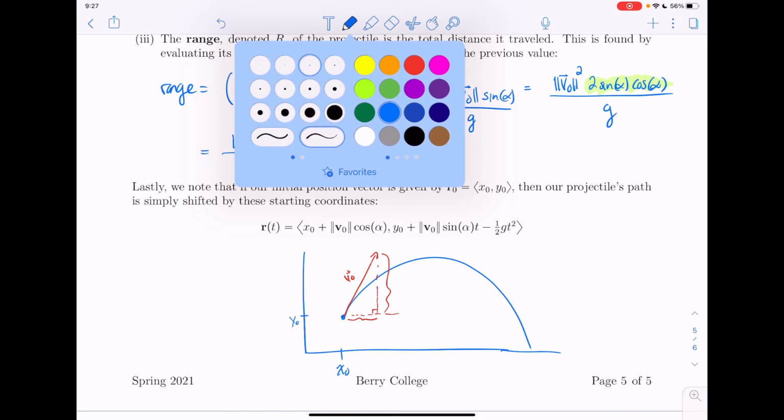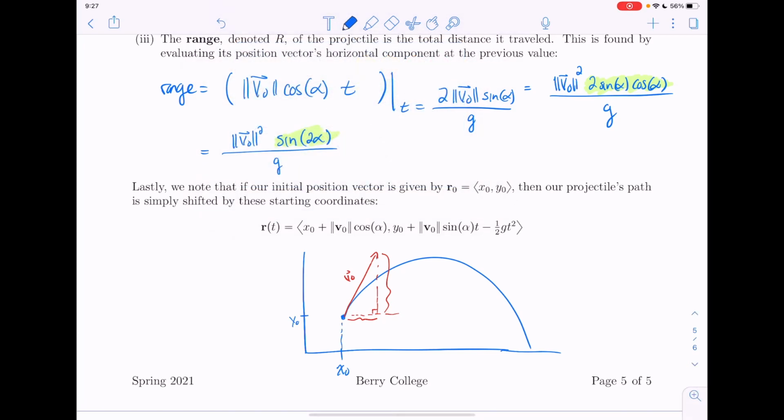So really the only thing that's changing is we're taking our position vector and we're adding an x0 and a y0 to it. And everything else is basically running the same. And so our position vector, if we just tack on the x0 and the y0 to the respective coordinates, it literally solves the entire problem.